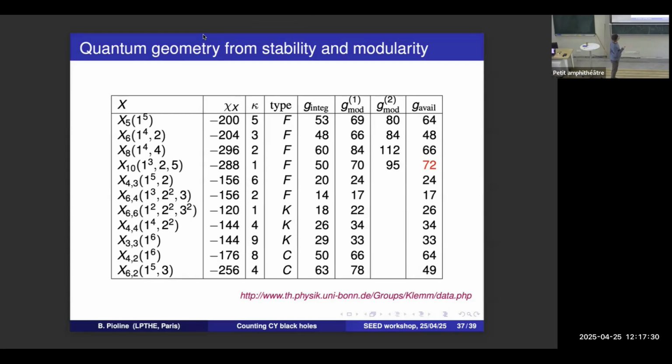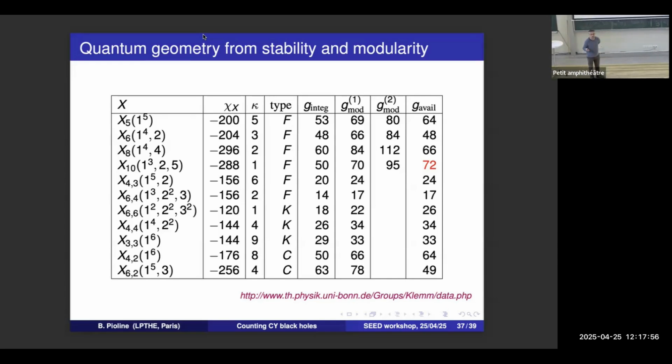And we did not do that for the quintic because we could not compute that, but we did this for X8 and X10. So this was limited to 60 and 50, but in principle, we can push it to 84 and 70. There are some algorithmic limitations that prevent this from going all the way up, but at least that's the target that you can reach.